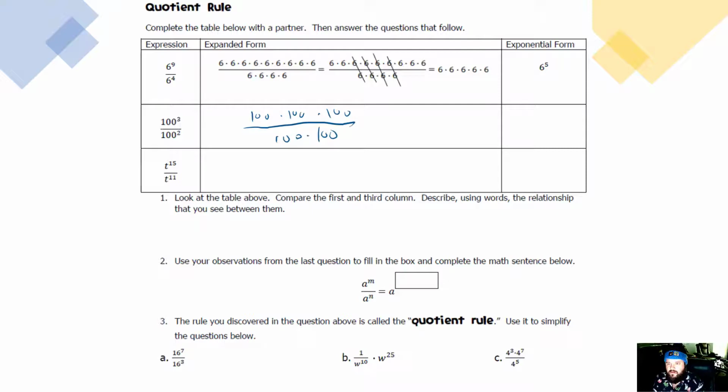Well, 100 over 100 is 1. So we're just left with a single 100 on the numerator. So 100 is your answer. Now we got t to the 15th over t to the 11th.